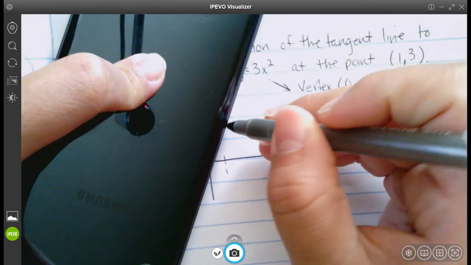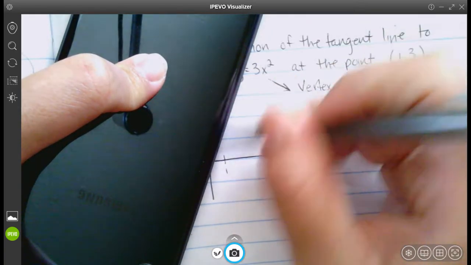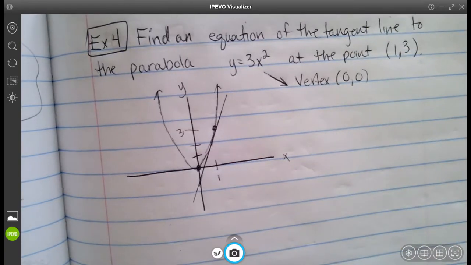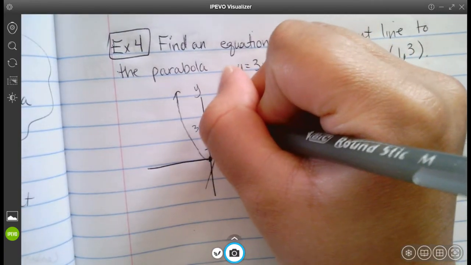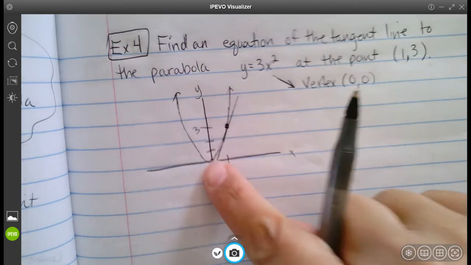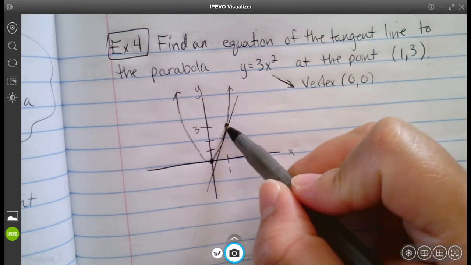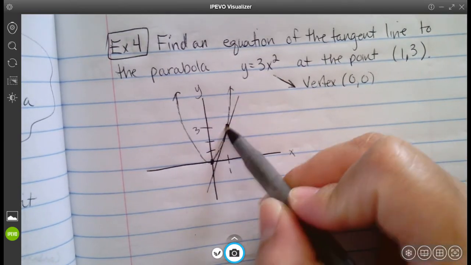So we're going to just do this. All right, and it looks like it's kind of there. And what I need to find is my focus also, because this basically has to connect to the focus as well.